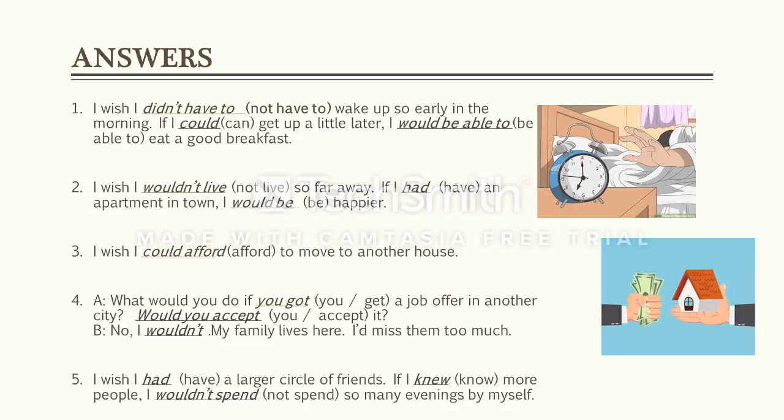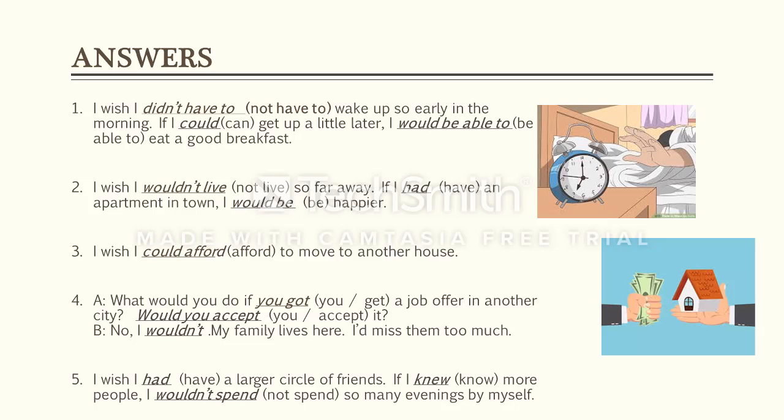Okay, if you cannot remember this part, I really recommend you to check on the video where you have the explanation of this. Okay, the videos can also help you review for the test. Then the answer would be, no, I wouldn't. My family lives here. I'd miss them too much. So that was the correct one. I hope you got it okay.